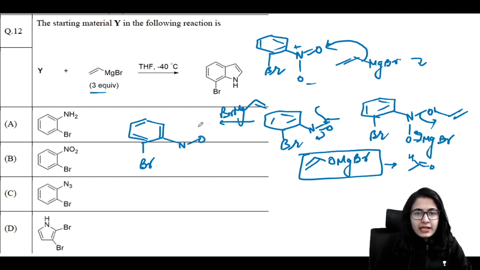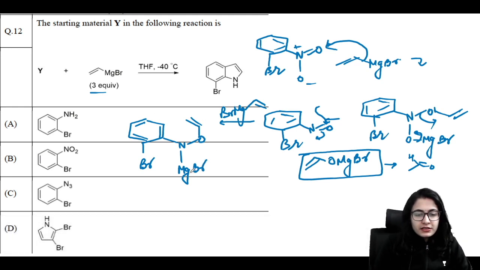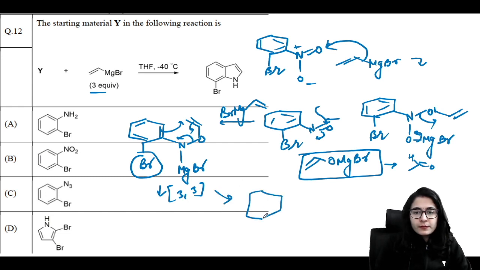So the nitrogen will have a negative charge, combined with magnesium like this. So this is the system that you are generating from here. When you have a bulky group on the ortho position, this reaction is going to be favored. It is a 3,3 sigmatropic rearrangement reaction, which is going to give you this intermediate.